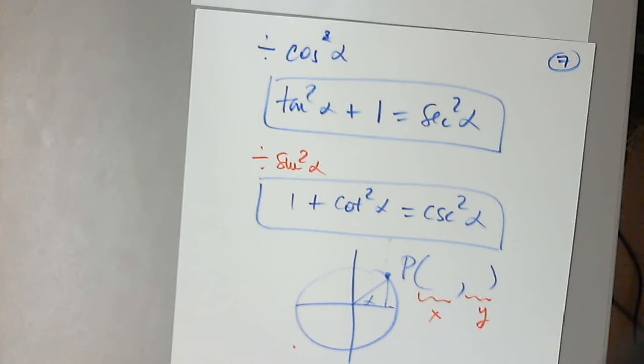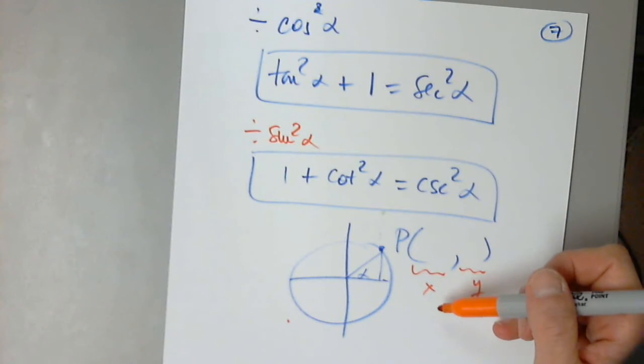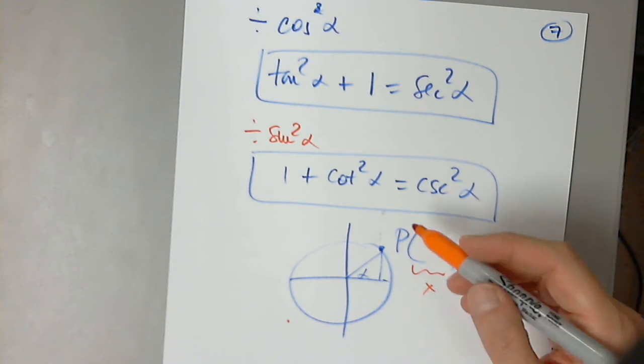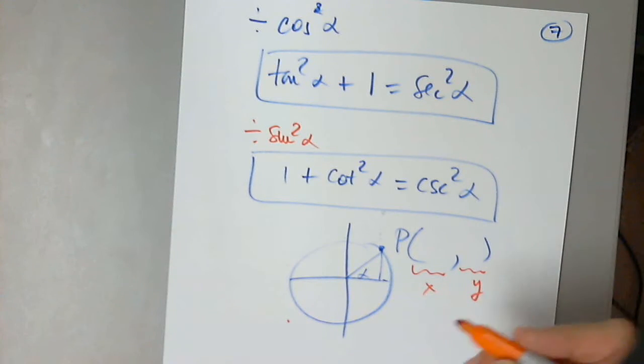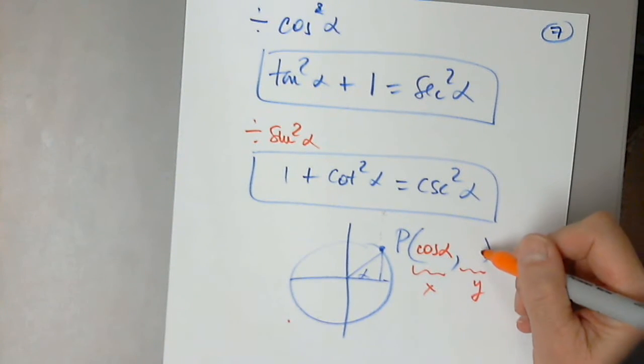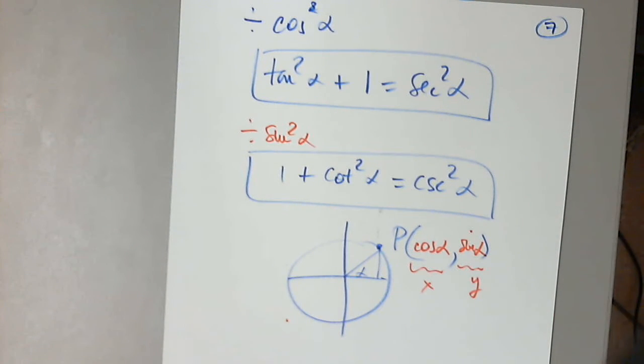Instead, I would write, no, it's the reverse. What is x? What does x equal to? No, for any point. Yes, this is cosine alpha, and this is sine alpha. We just determined them a minute ago. Right? We wrote that y is the same with sine, and we wrote that x is the same with cosine.